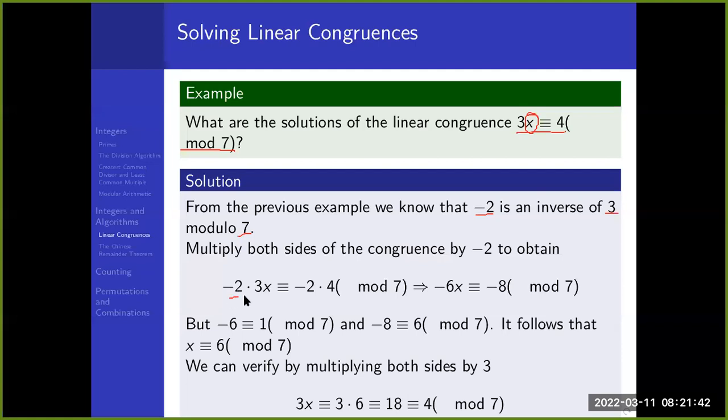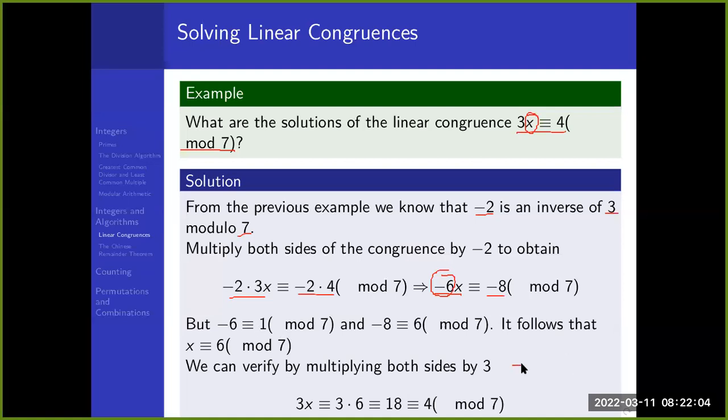So if you multiply both sides by -2, you have -2 times 4 on this side. So here you'll have -6x is congruent to -8 modulo 7. But we know -6 is congruent to 1 mod 7, right? You can check that.